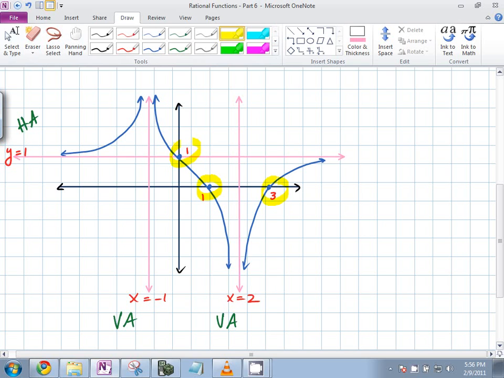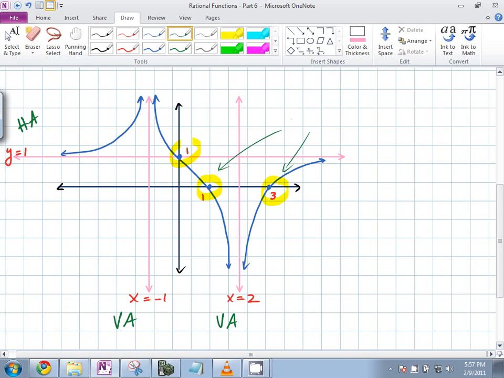Well, let's start by looking at the zeros. If we look at the zeros here and here, we know that when you plug in 1 and 3 into our rational function, the fraction has to come out to be 0. The way you make a fraction 0 is you make the numerator 0.